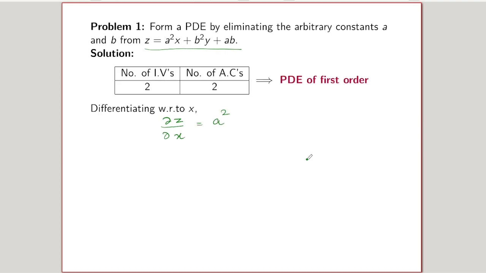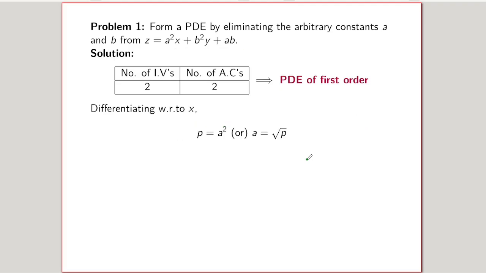The second term will be 0 because there is no x here, and here only arbitrary constants are there, so this will also be 0. So this implies, based on the standard notation, this dou z by dou x term can be written as p. So p is equal to a square, or we can write a is equal to root p.